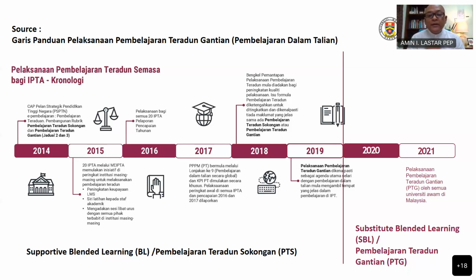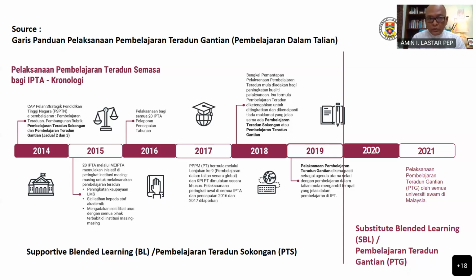So that started from 2018, and then if we look at 2021, pelaksanaan pembelajaran seadun gantian PTG oleh semua universiti awam di Malaysia kecuali UMS. So we were supposed to start in 2022, and now it's 2023.